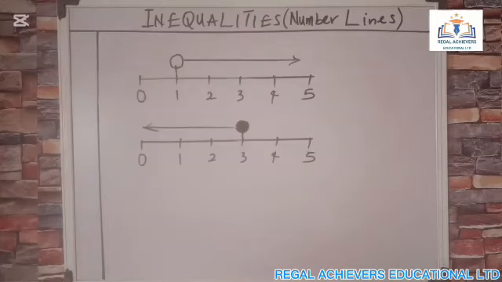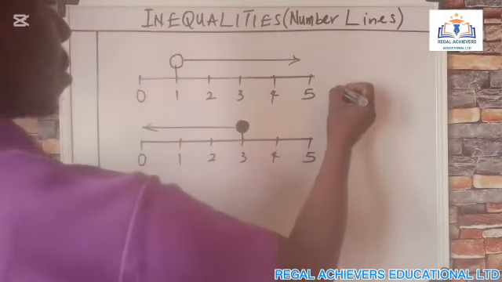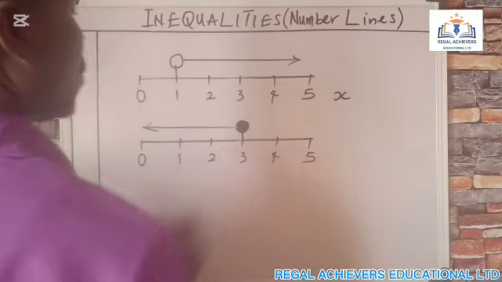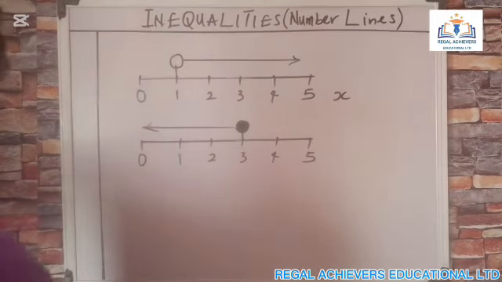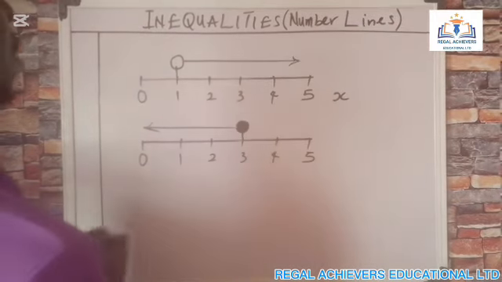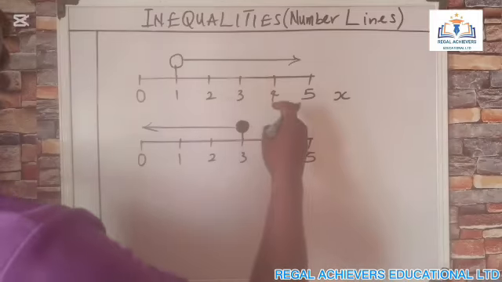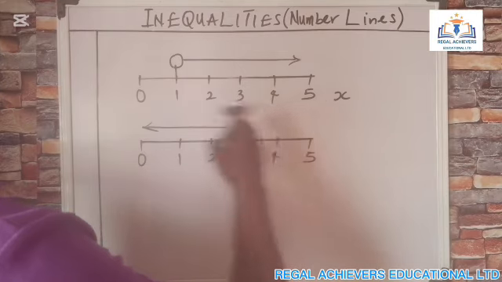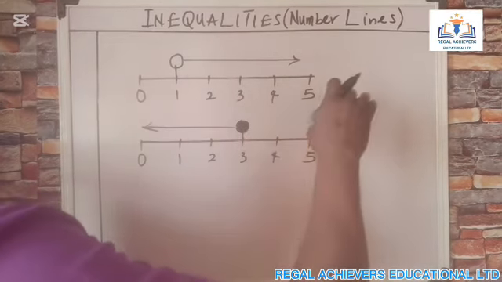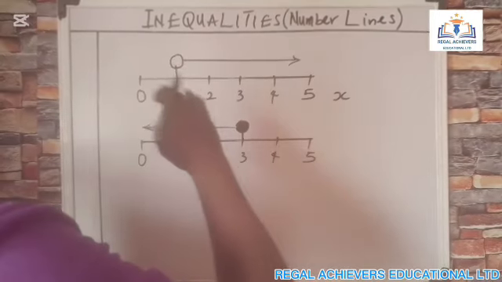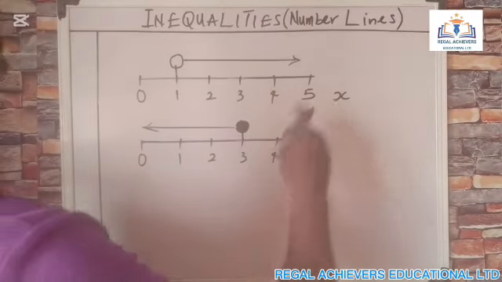Okay. Now, in this case, we're dealing with x. Looking at this direction, it shows that you are referring to x is greater than. When your direction is towards the right side, it means x is greater than.